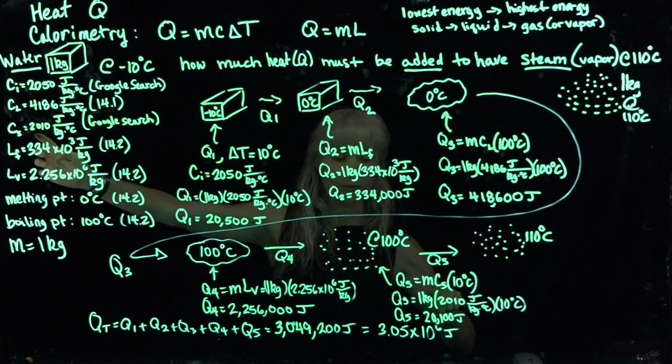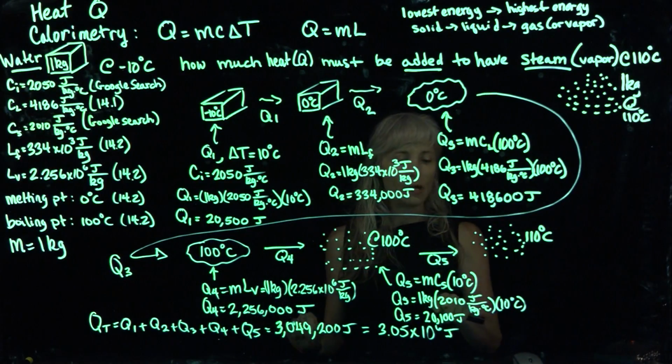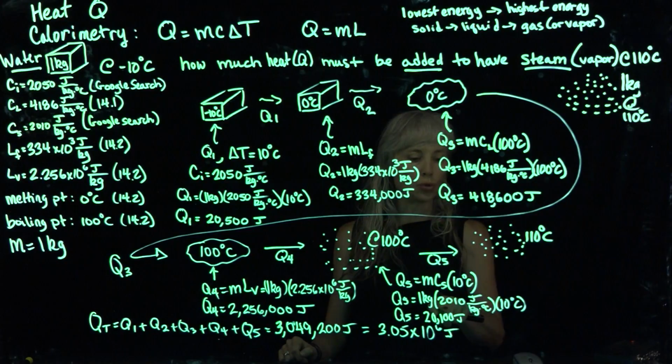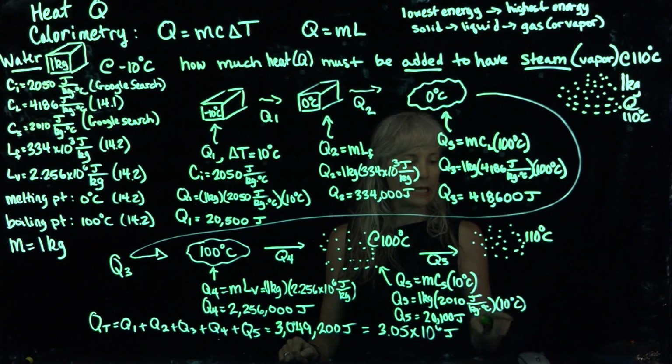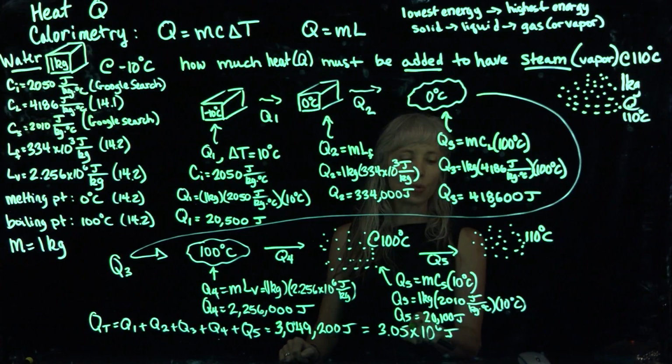So here is the specific heat I will use times the change in temperature. So 1 kilogram times 2010 joules per kilogram per degrees C times the 10 degrees C increase in temperature gives me 20,100 joules. Notice your kilograms cancels and also your degrees C cancels.